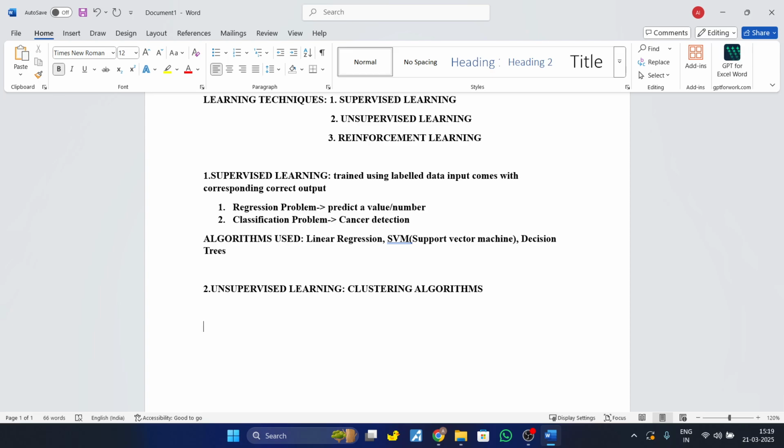Some applications of unsupervised learning are anomaly detection and recommendation systems. You would have seen on any OTT platform that there are recommendations based on what you have seen before. That recommendation system works on the principle of unsupervised learning.